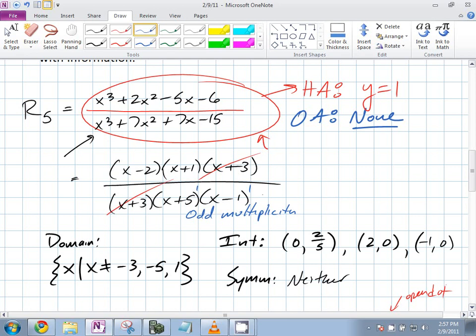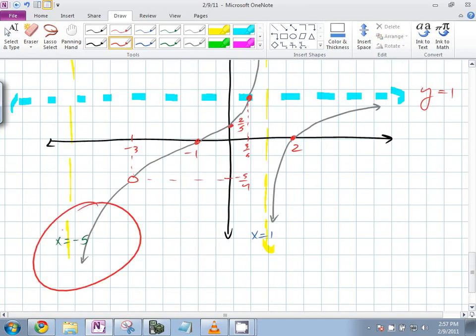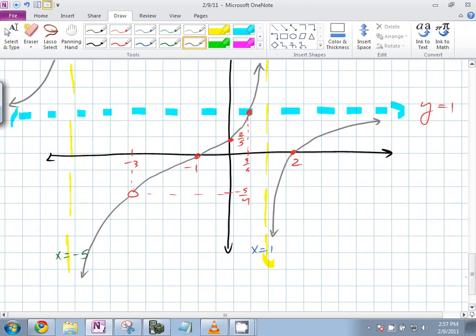Okay. So going back to this, both have odd multiplicity. So therefore, it has to go up and down. Over here, we know it has to go down there. So what does the other side do? It has to go up. So what does this look like? Can this thing cross? It has to go up and down. Up and up would be an even multiplicity. For example, what would happen if it was x plus 5 squared in the denominator?